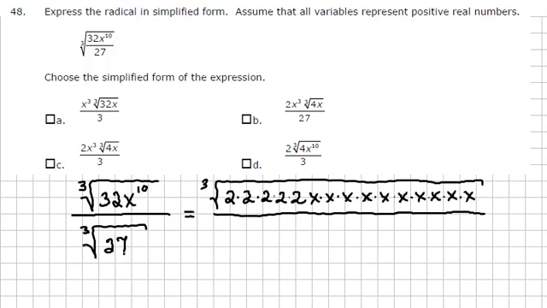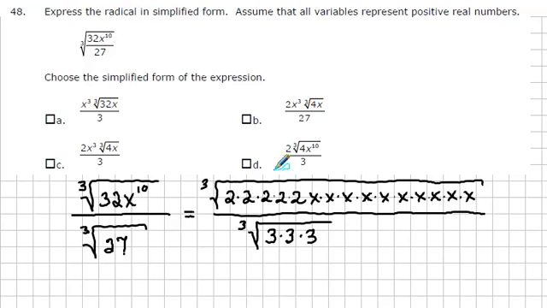And we want to divide this by the cube root of 27. And 27 is divisible by 3. 3 goes into 27 9 times, and 9 is 3 times 3.